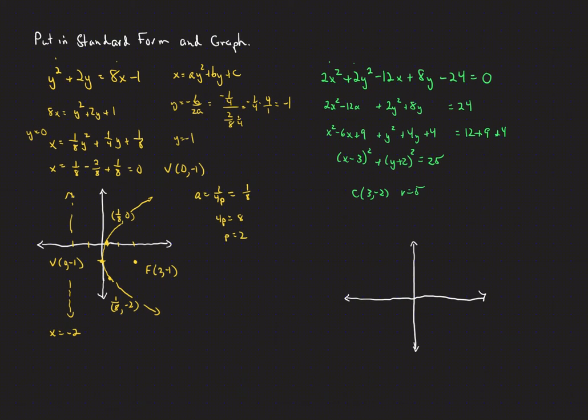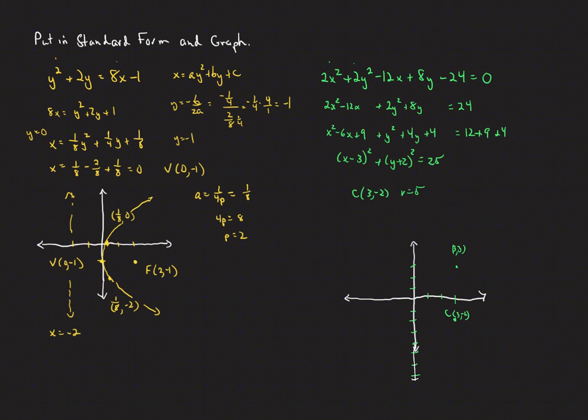So let's see, we can go 1, 2, 3, and down 2. That's going to be our center. And then we can go 5 in every direction. So going up 1, 2, 3, 4, 5 is going to put us at 3, 3. Going down 5 is going to be 1, 2, 3, 4, 5.